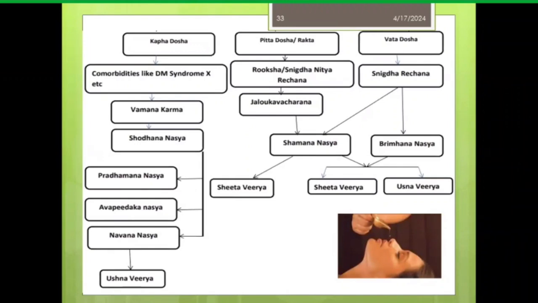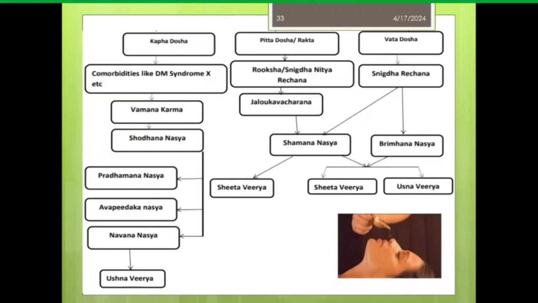In case of Vata dosha, of course, everyone knows that where Vata is involved, Snigdha Rechana has to be given. So Gandharvastadi Tailam, or Mishrakasneha, or Trivrit Leham, these kinds of medications have to be given for the Koshta Shuddhi, and then you can plan for the Nasya. Nasya is a very important treatment here and is highlighted very well. In case of Vata dosha, both Shamananasya and Brahmananasya can be planned.